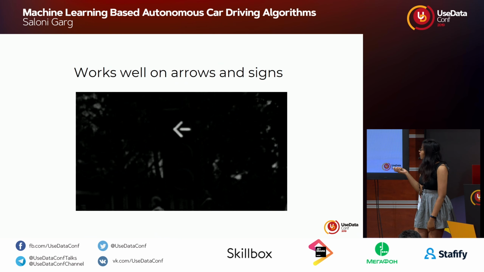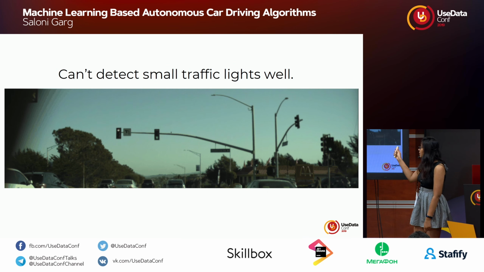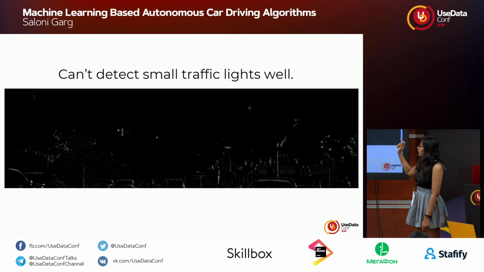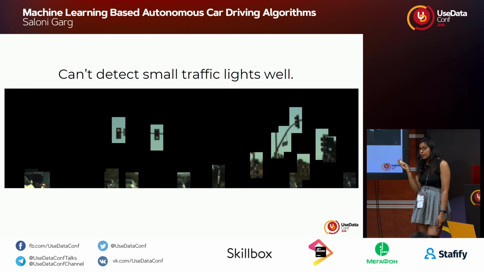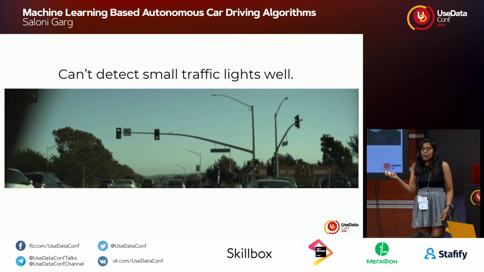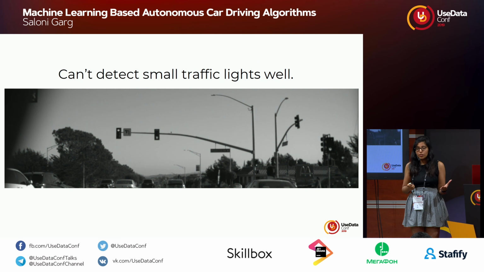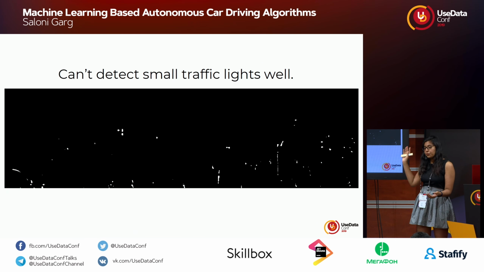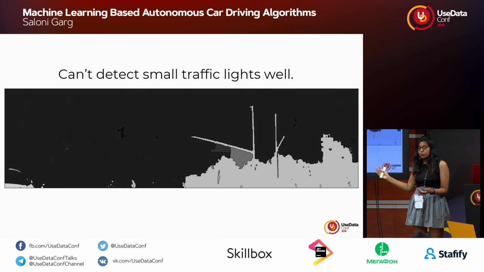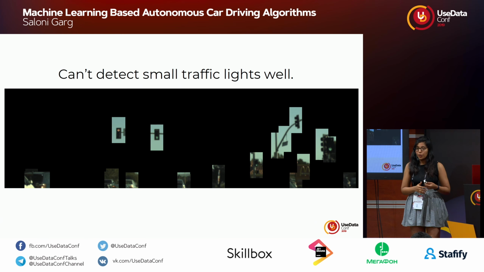But it didn't work well on traffic light detection. So this is an image converted to grayscale, darkened, with Gaussian blur applied. This doesn't tell us where the traffic light actually is. Why? It just increased the number of false positives. It wasn't able to detect traffic lights that were very far away from the camera that we've mounted on the car.